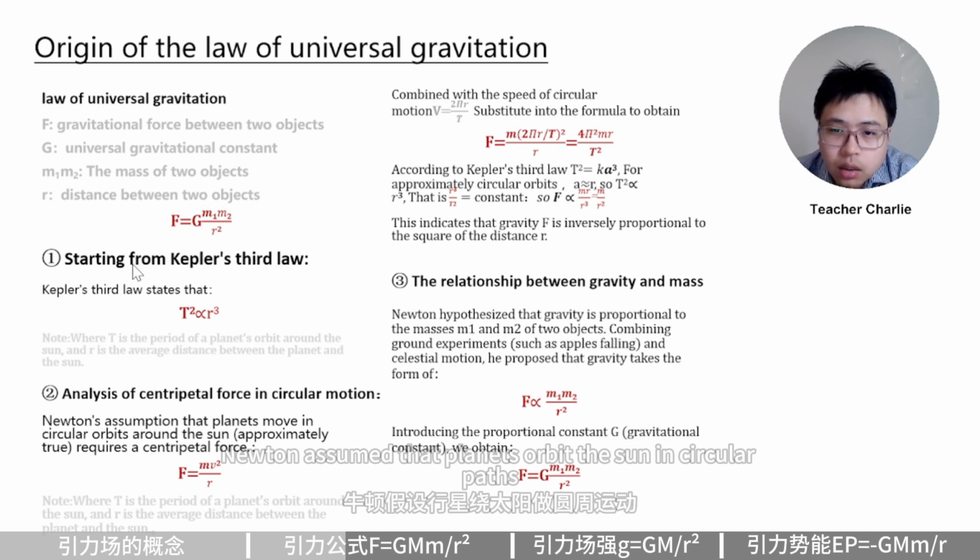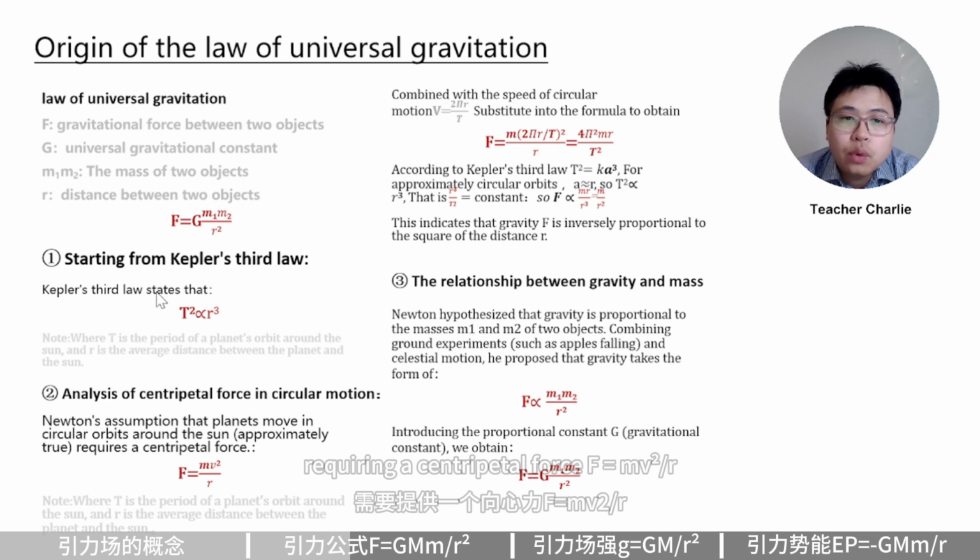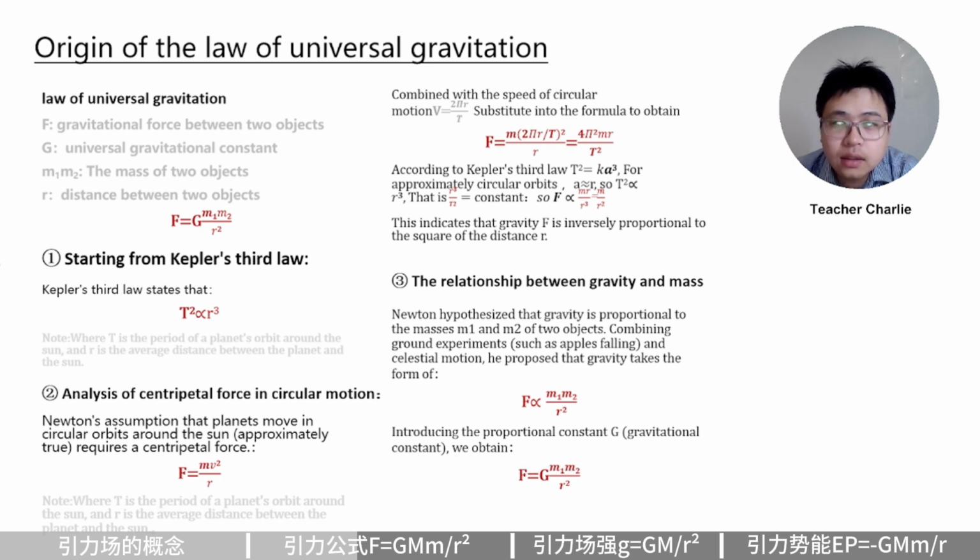Newton assumed that planets orbit the Sun in circular paths, requiring a centripetal force F equals mv squared divided by r, right?